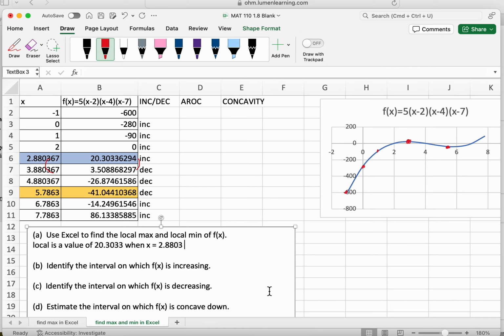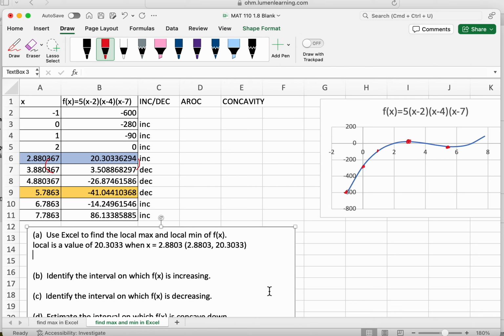Or I could say my local max happens at the point 2.8803, comma, 20.3033, and I have a local minimum of negative 41.044 when x equals 5.7863. Okay, I could write that as an ordered pair as well.